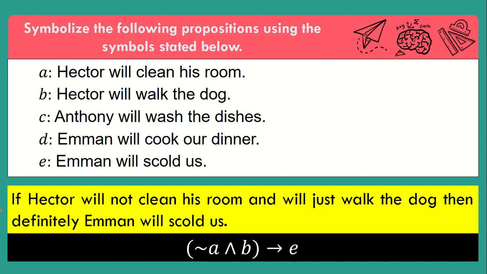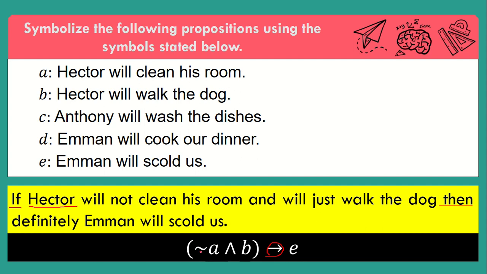As you can see here, we use the words if then, so obviously there's a one-headed arrow here. We're going to use that one-headed arrow. And again, we have two statements for Hector, so we group the tasks of Hector.